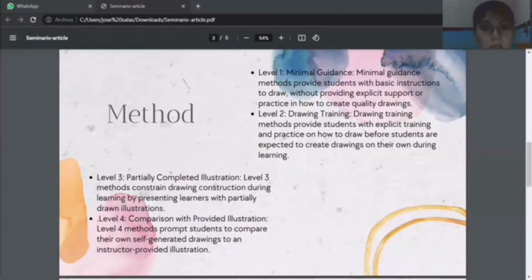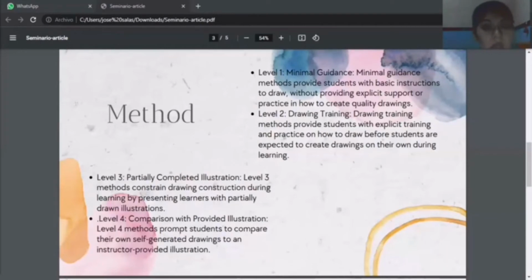Then we have level 3 that is partially completed illustration. Here, students are supported during the learning process. Basically, they are provided with illustrations that are partially completed, such as a background, templates, or images of essential elements from the learning materials that they can incorporate in the drawing.